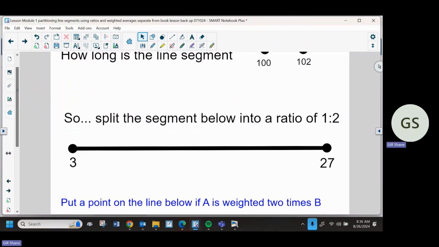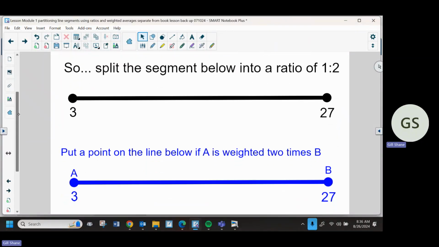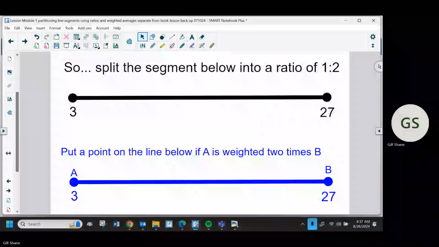I guess I have 2 copies of that same slide, which is fine. I want you to do those 2 problems. When it says split, that means locate a point on the line that will split it into a ratio of 1 to 2. And then you know how to do weighted averages. 1 to 1. I'll give you 3 minutes.